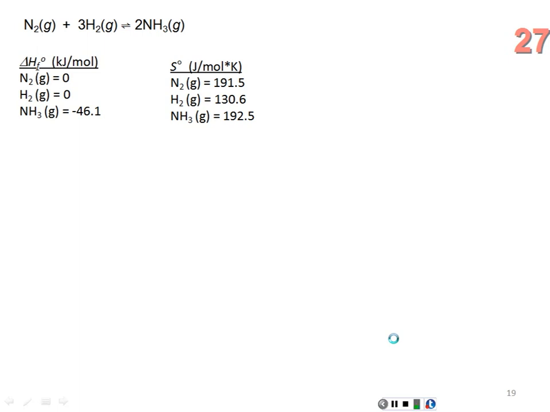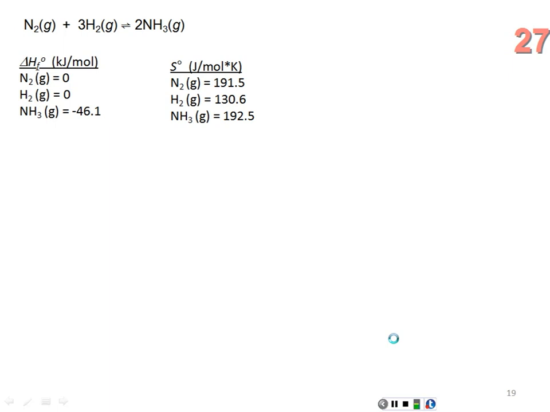So for that change, we should expect the entropy to be negative. The enthalpy, on the other hand, in this case is a little bit trickier to predict. But for an entropy change, we'd expect a negative value. Well, let's work through this.